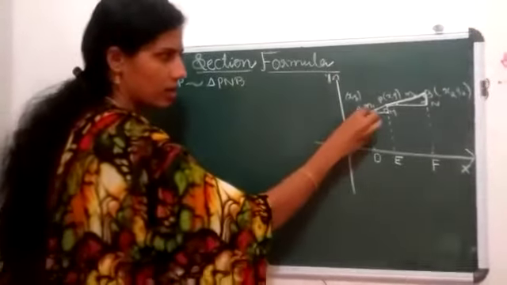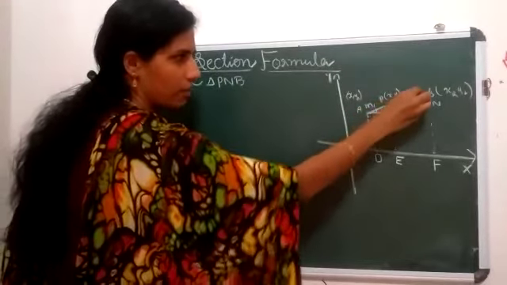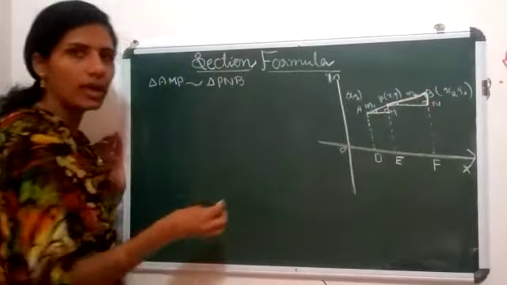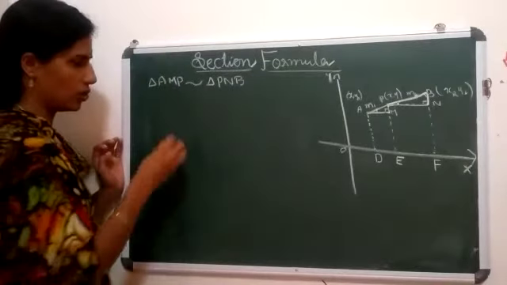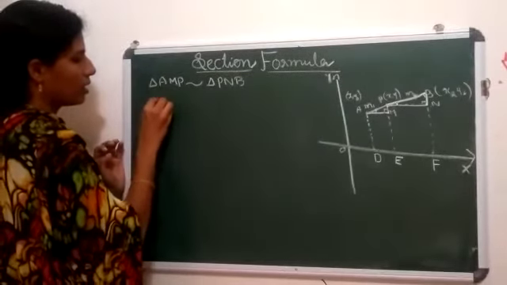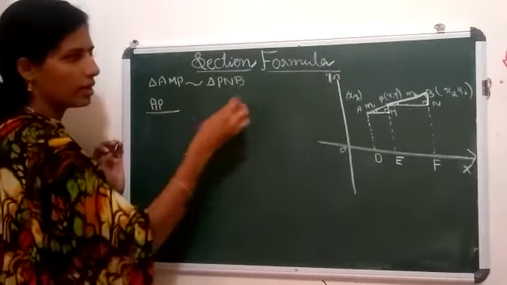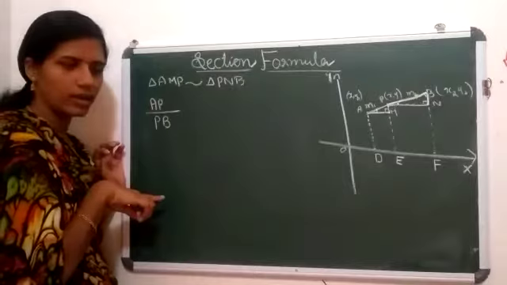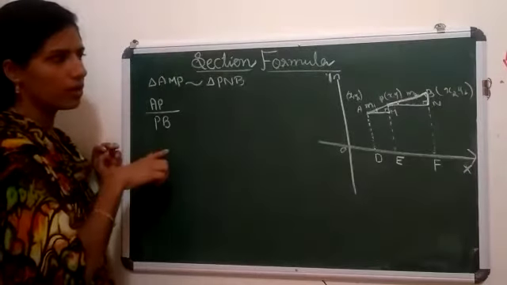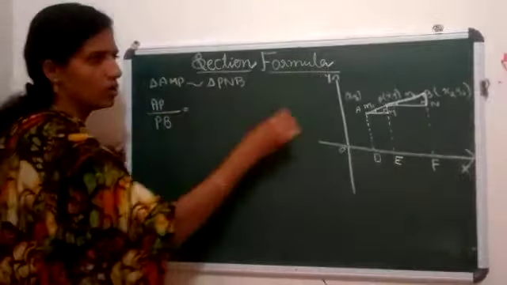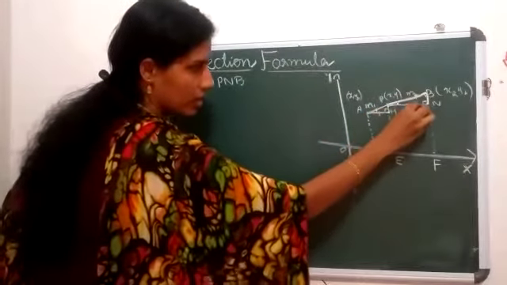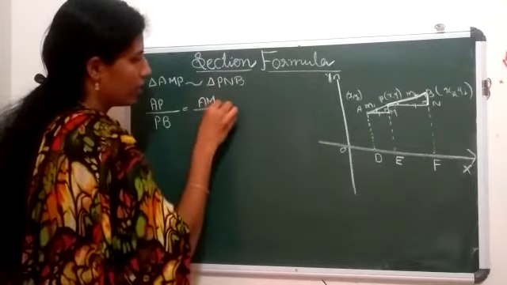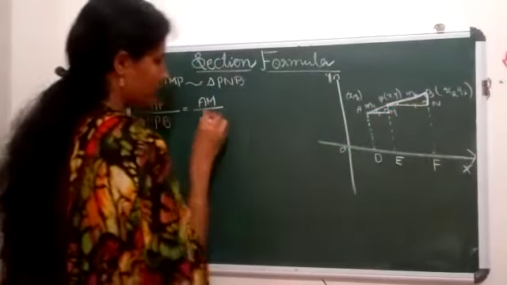Now see, this length AP and PB in this triangle, and this length in the other triangle, should be in the same ratio. That is AP by PB, we are denoting it as a ratio, right? So AP upon PB is equal to AM divided by PN.